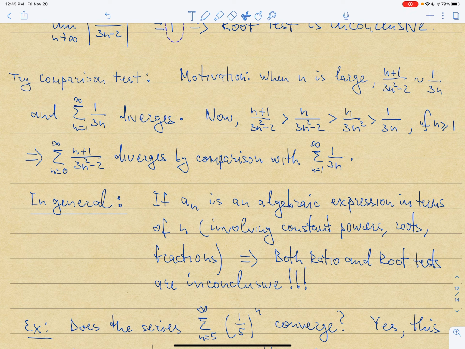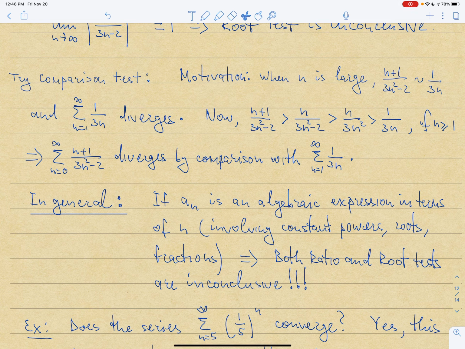And the series should be larger or smaller than the series that I have to determine convergence of. And so let's see how this series again behaves when n is big. When n is big, 1 and minus 2 are not going to be very important. So I can try to drop 1 and minus 2.